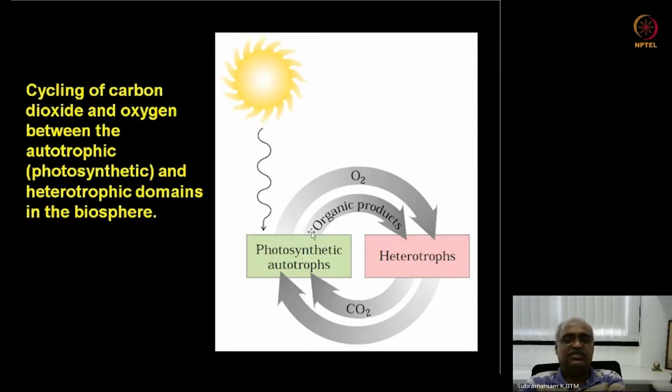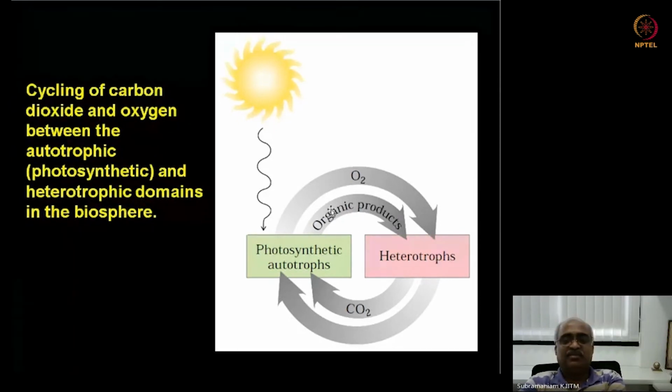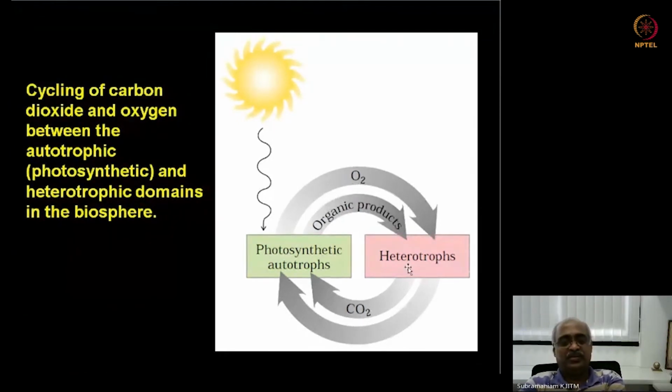Well, what happens to the molecules that they make? Well, they are eaten by heterotrophs, who, through their respiration, convert them back to carbon dioxide and water. So essentially, in the living system, like in the biosphere, carbon, oxygen, and water are massively cycled all the time.